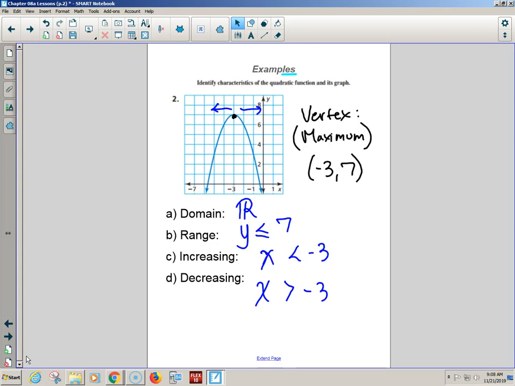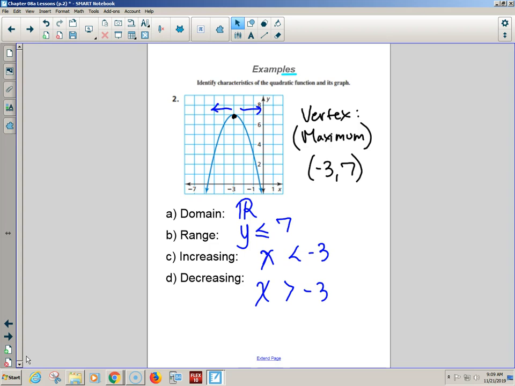So as you're going left to right, what we're trying to talk about is where are the heights increasing, are the heights going up, and where are the heights going down? So if you're moving on this path, aren't you going up anywhere to the left of -3? And then what happens as you hit that -3 x marker?